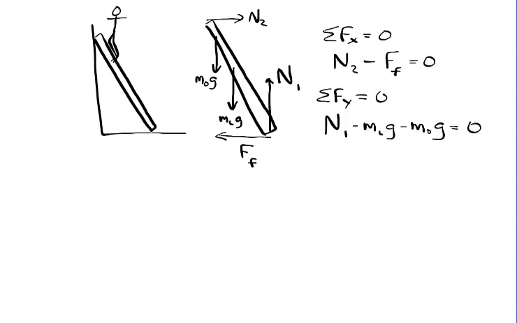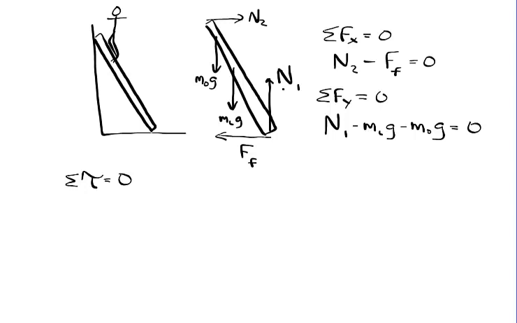And I'm going to do the torque down here because I need more room for it. The sum of the torques equals 0. Now again, I get to pick the axis of rotation. And the axis of rotation is most advantageous if I put it in a place where there's a bunch of unknowns. Let's say, for instance, in this problem, we want to know the friction force and, say, the normal force at the bottom, N1.